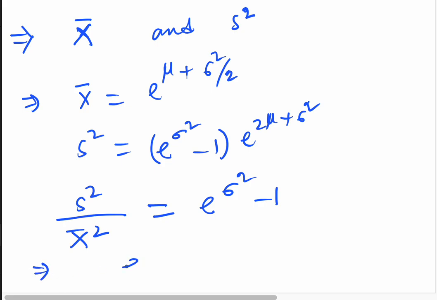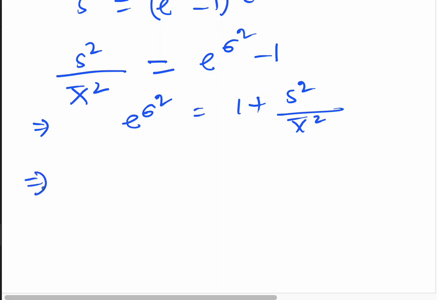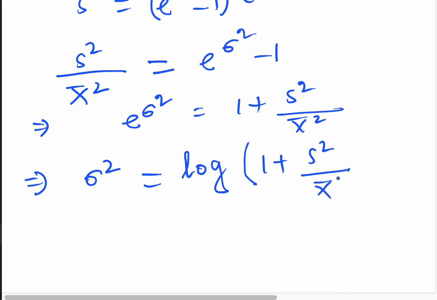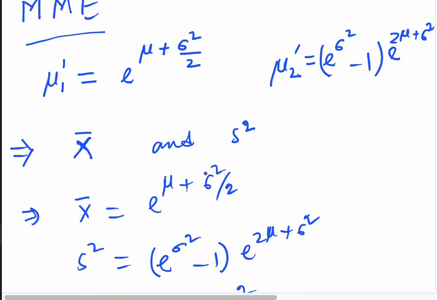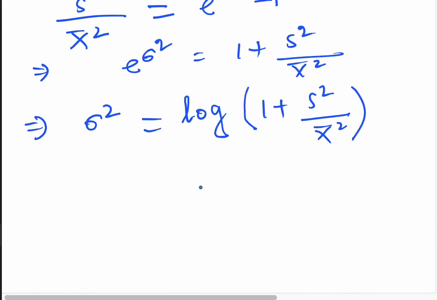From here we get e to the power sigma square equal to 1 plus s square by x bar square. So sigma square is log of 1 plus s square by x bar square. So this is the method of moment estimator for sigma square.